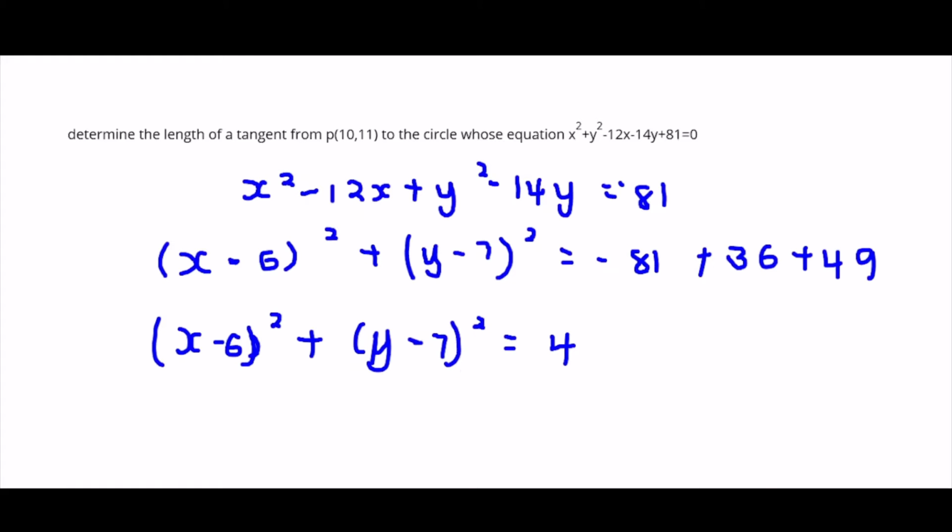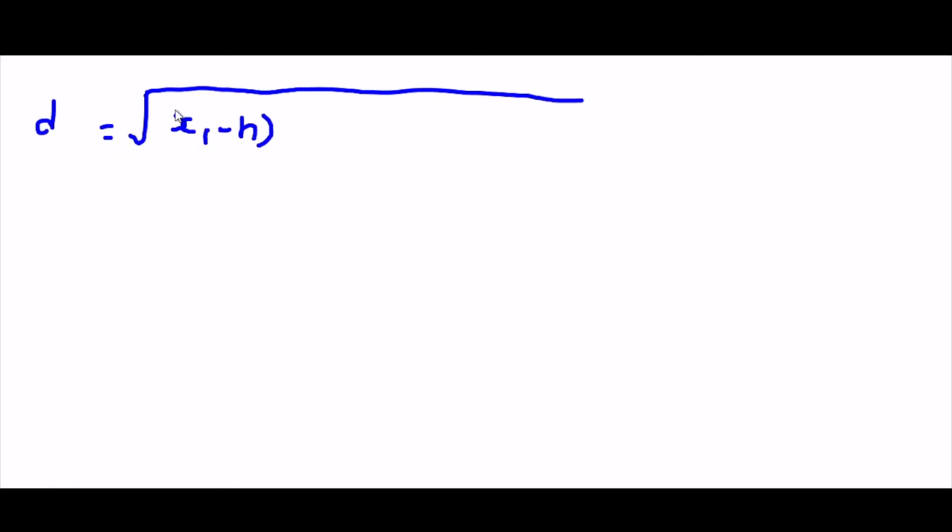So the values of the center will be (6, 7), and our r squared will be equal to 4. So when we are finding the distance, d will be equal to the square root of (x1 - h) squared plus (y1 - k) squared minus r squared.